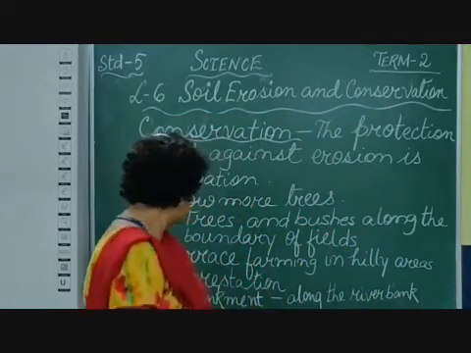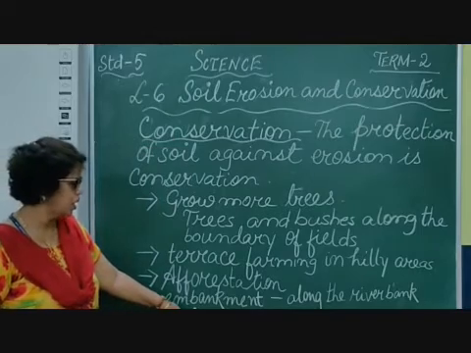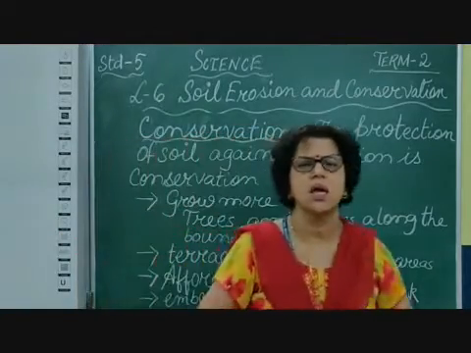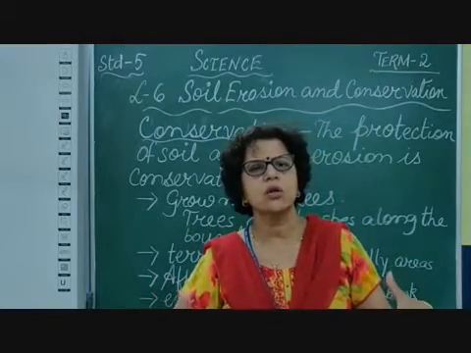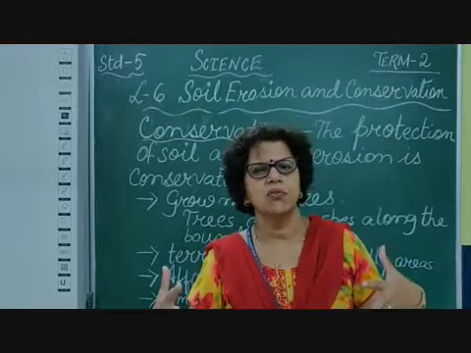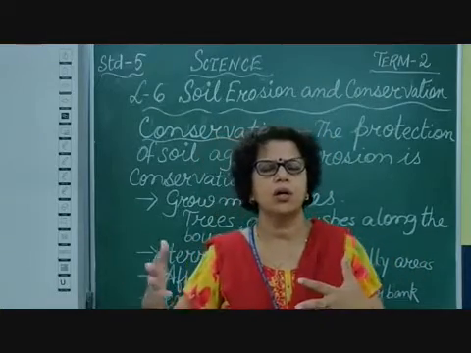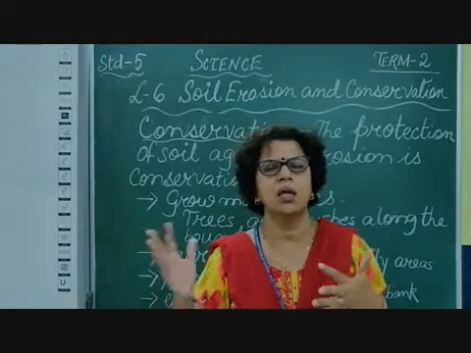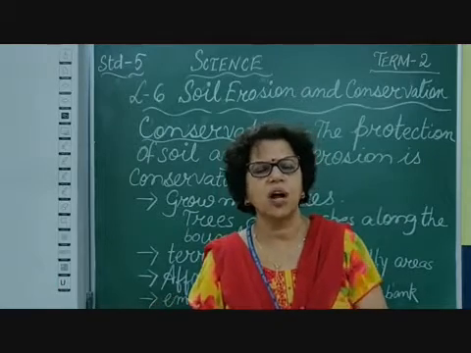And the last point which we should do is an embankment along the river bank, which means a small type of wall, especially where the rivers are very wide and cause a lot of havoc during the monsoon season, meaning there is flood over there.